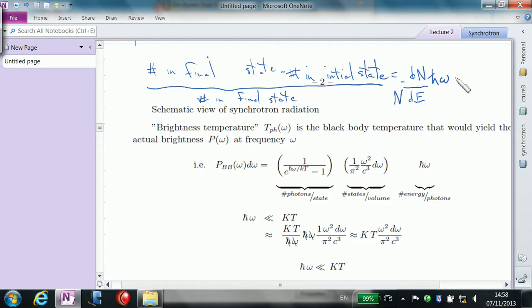So this is just d log n dE times h omega. But what is the temperature? What is the effective temperature in that case, if I'm talking about two states?